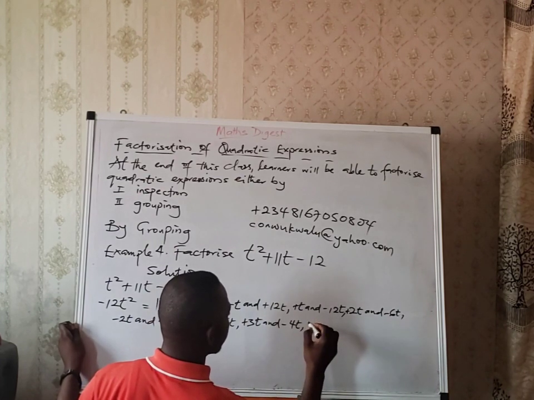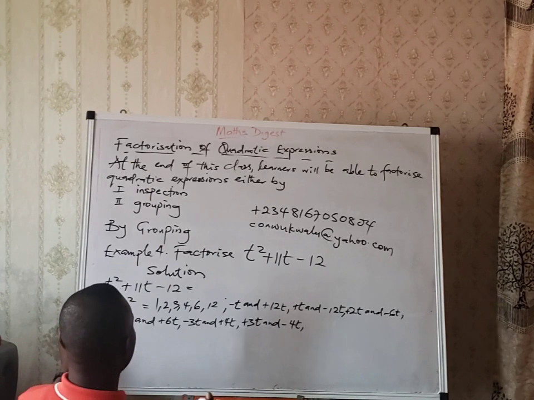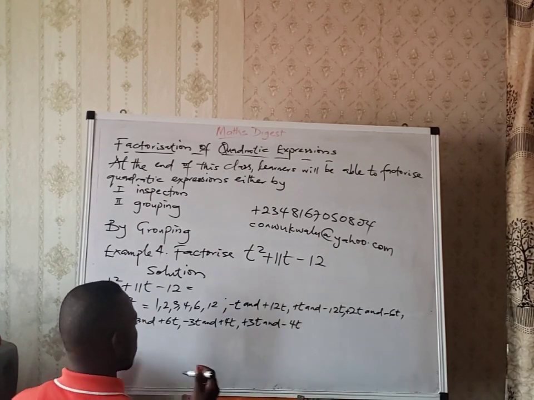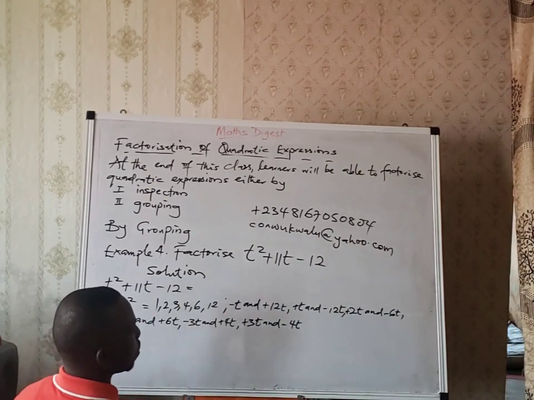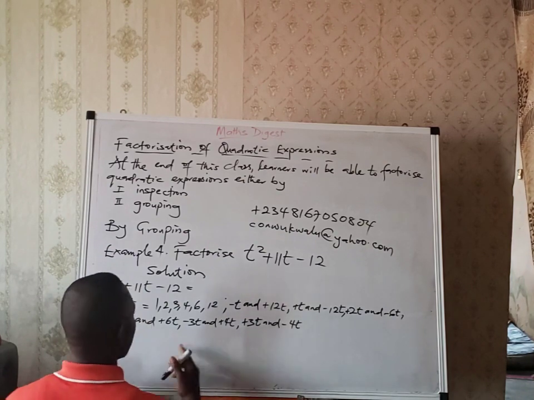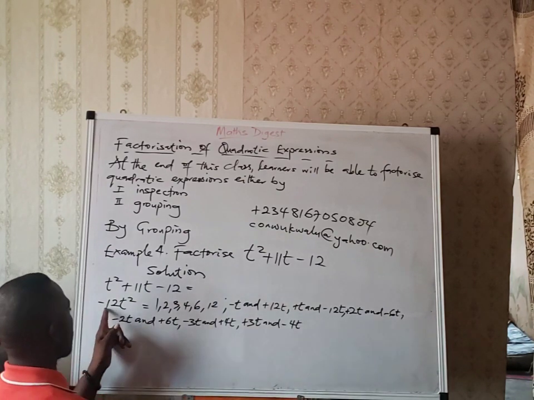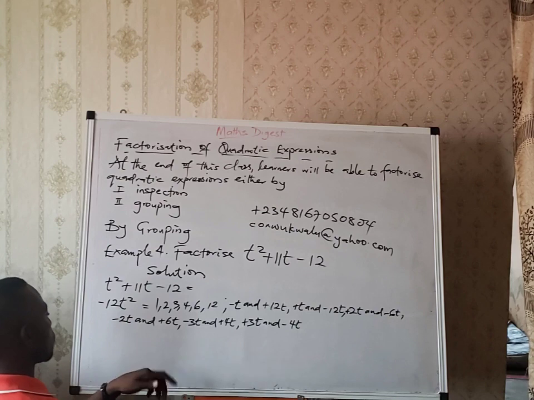I think that's the end. Yes, we've gotten all of them now. So from here we can multiply any of these to get minus 12t squared.